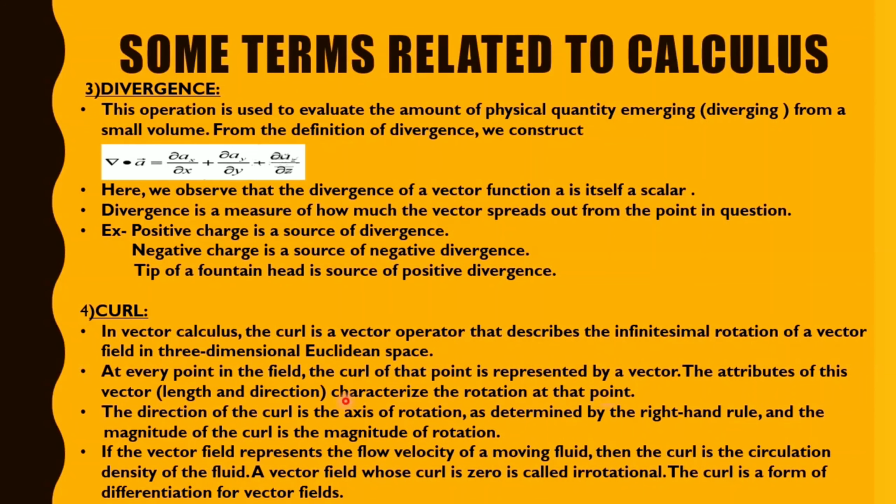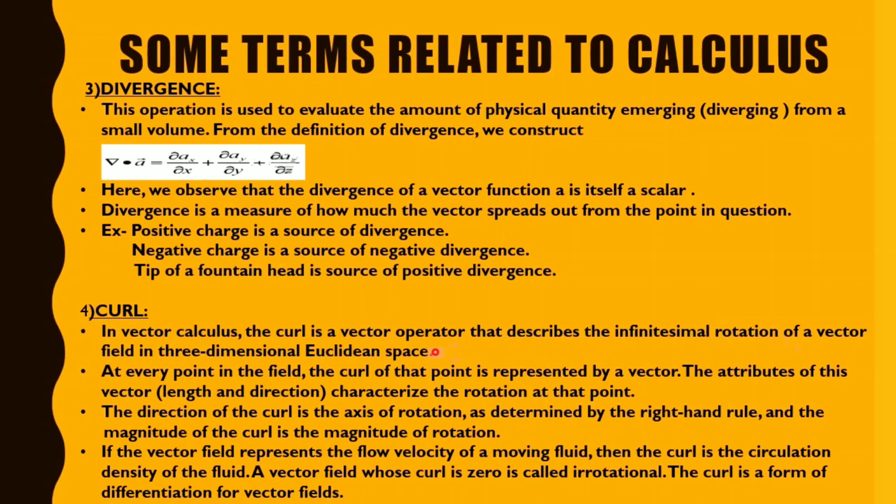The direction of the curl is the axis of rotation as determined by the right hand rule, and the magnitude of the curl is the magnitude of rotation. So here there are 3 points you need to remember. First, curl describes the infinitesimal rotation of a vector field in three-dimensional Euclidean space.